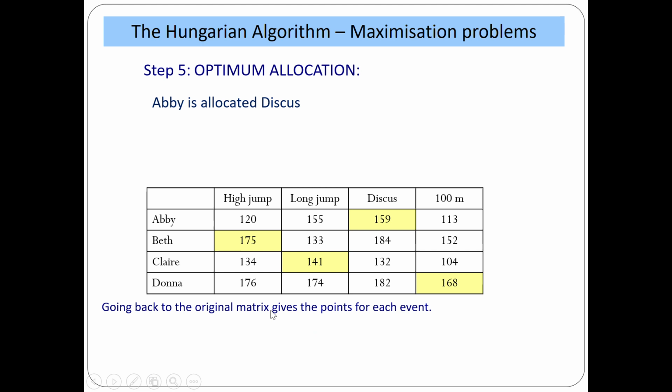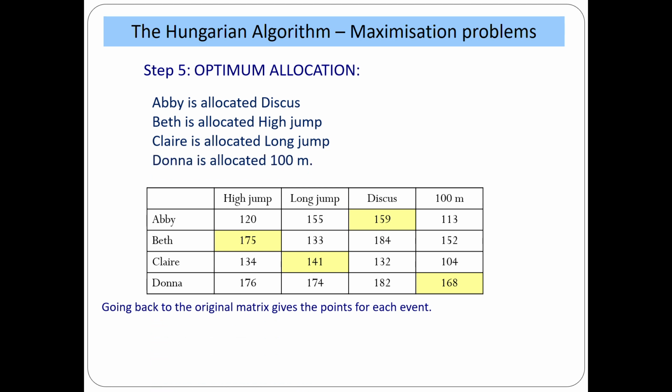So the optimum allocation is: for Abhi, discus is allocated; Beth, high jump; Clary, long jump; Donna, 100 meter. This is the actual optimum allocation.